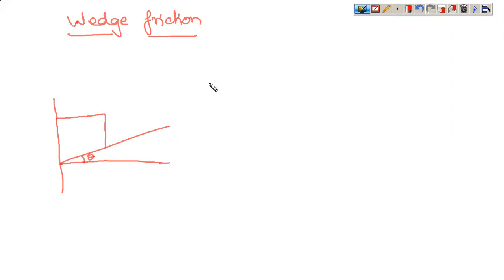Now this is also one specific application. What happens in this case of wedge is this part is called your wedge and this is your load. Now as this moves ahead, this load will be lifted upwards.